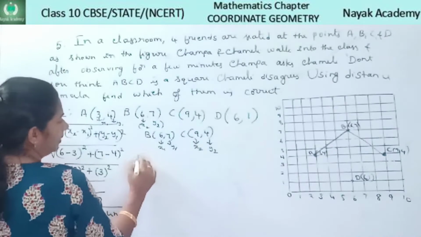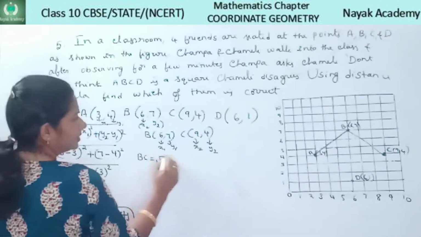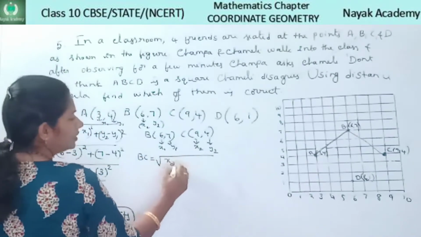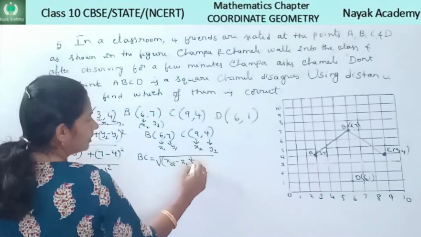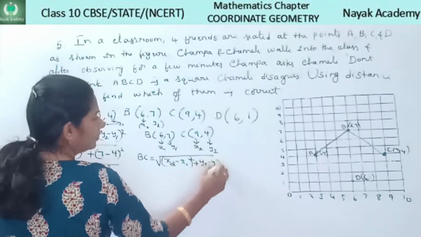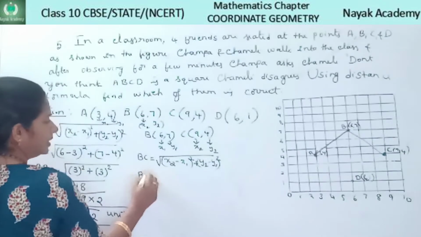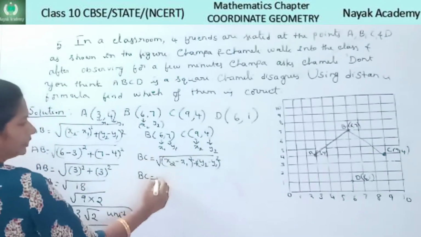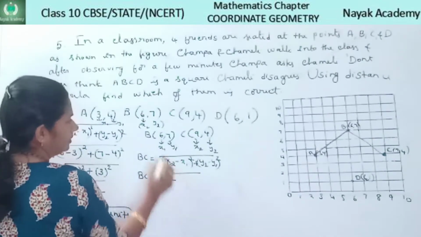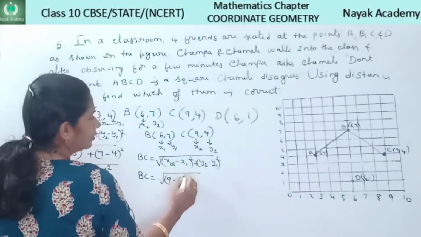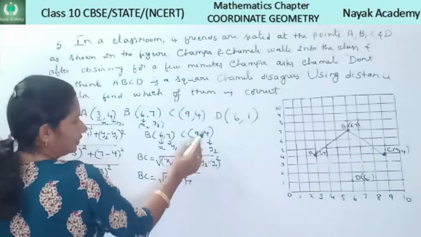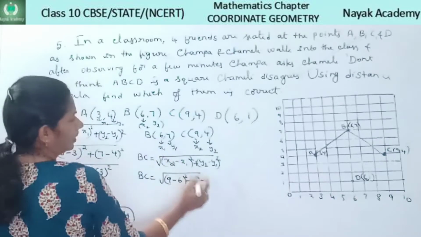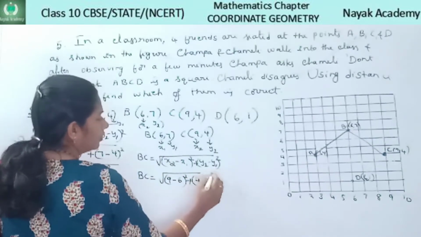Now let us apply the distance formula. BC is equal to, write the formula first, root of x2 minus x1 whole square plus y2 minus y1 whole square. So BC is equal to root of x2 value is 9 minus x1 6 whole square plus y2 value is 4 minus y1 7 whole square.